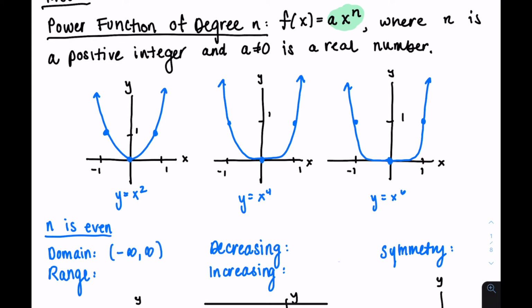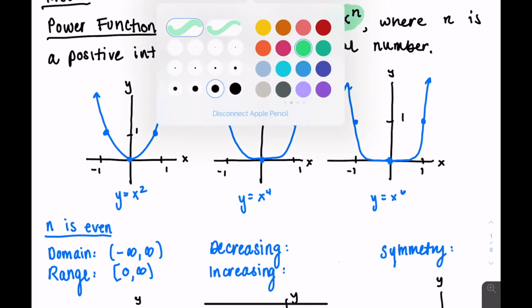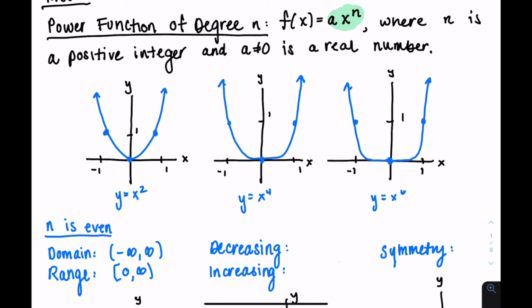So if you have a power function and the power is going to be even, your domain is going to be all real numbers. Makes no difference. You can still take anything, raise it to the nth power. The range, though, will only be from 0 to infinity. Because it's an even integer, you're not going to get negative values. It's going to decrease for half of the time. So on the left half of each of these graphs, it's decreasing.